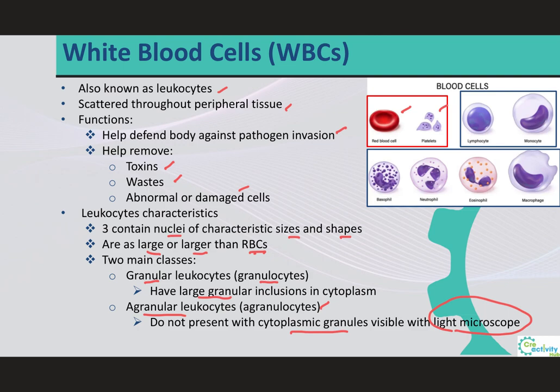The ones that are part of the white blood cells are the lymphocytes, the monocytes, basophil, neutrophil, eosinophil, and macrophages. The ones that we will cover in this lecture, again, are the granulocytes. And as we can see from this image, the only ones that have granules that we can see are the basophil, the neutrophil, and the eosinophil, which are the ones that we'll be covering.